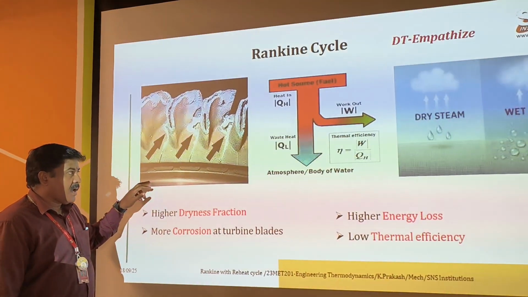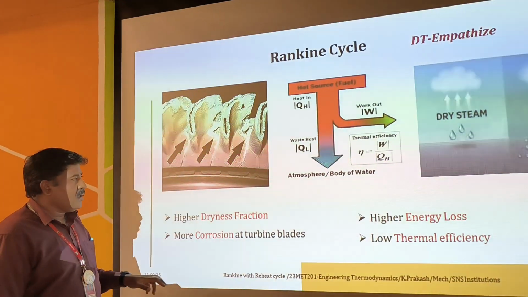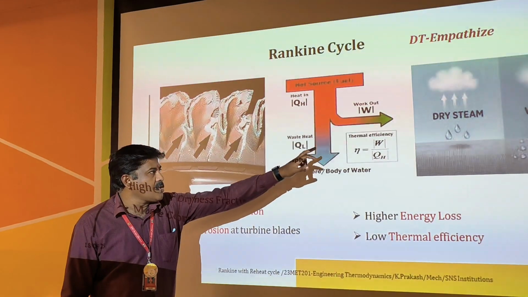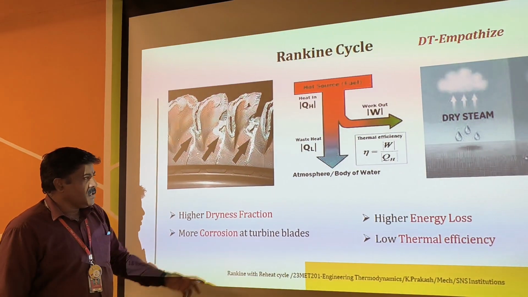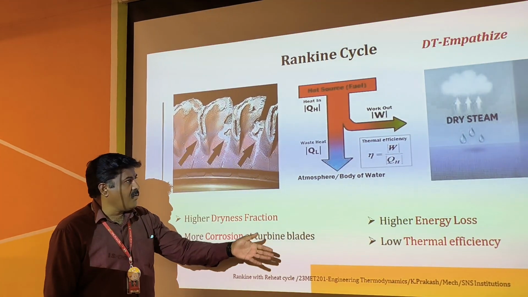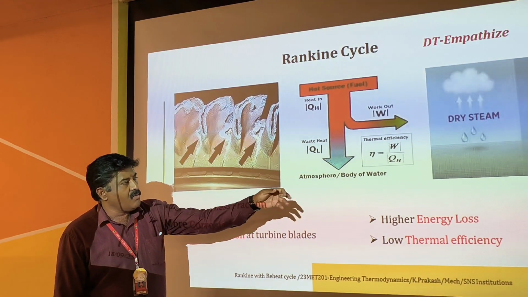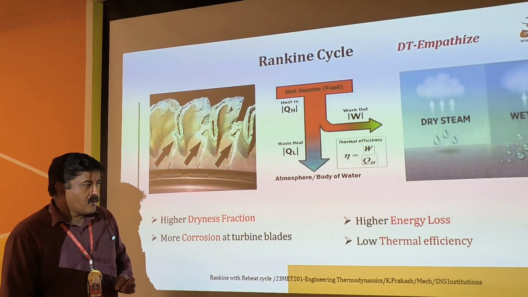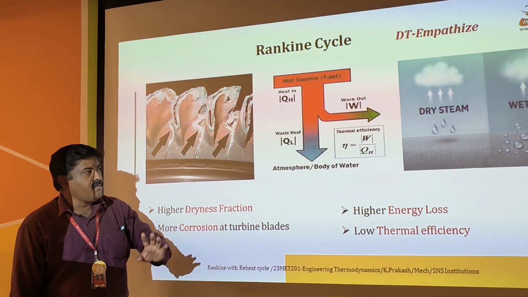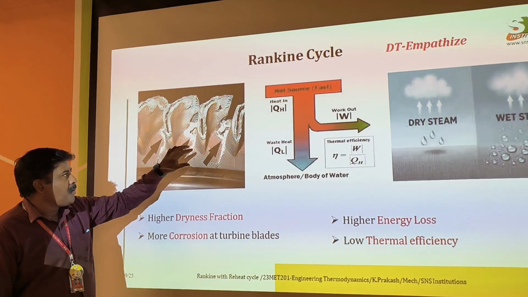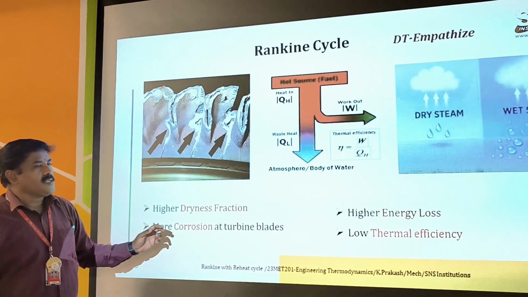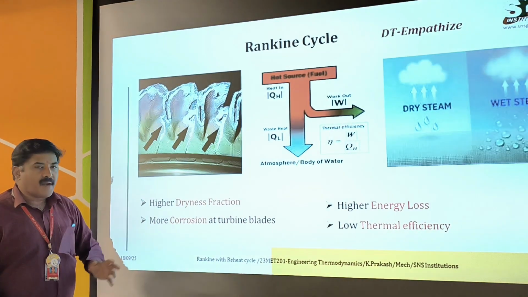The waste heat is rejected and the thermal efficiency is very low. Corrosion, thermal efficiency, and the conversion of dry steam and wet steam play an important role. The wet steam plays an important role in the corrosion of these blades. These are the existing problems of the Rankine cycle.